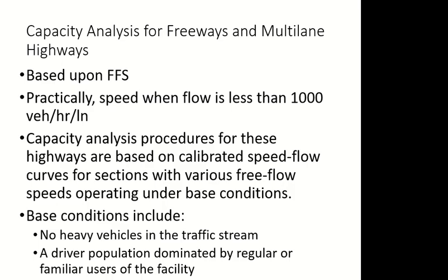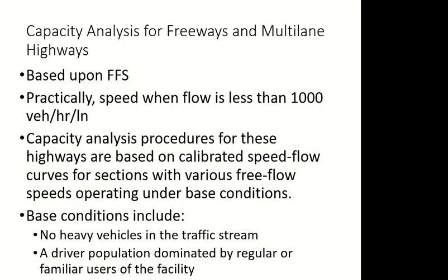We are discussing them together because the Highway Capacity Manual provides the same process for level of service for both of them. So the procedure is the same, but the equations will be different. In both cases, the first item you need is free flow speed, the speed at low traffic conditions.